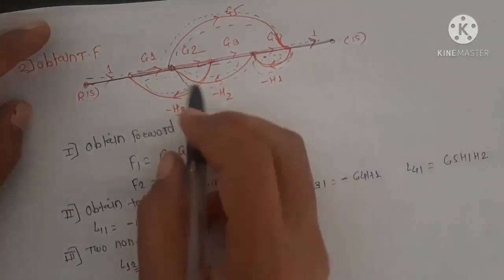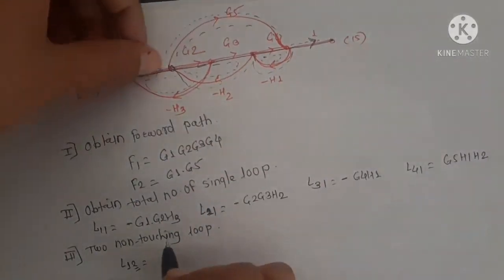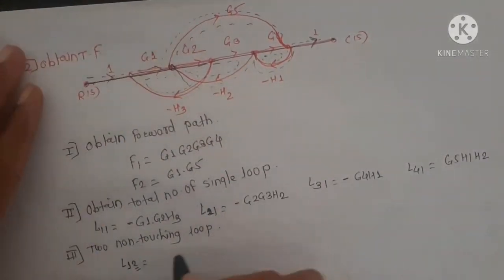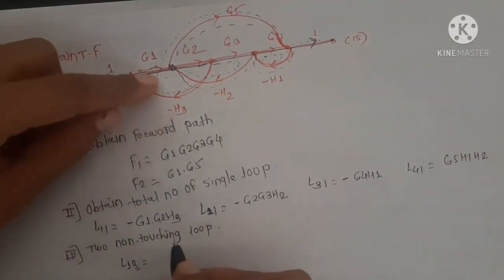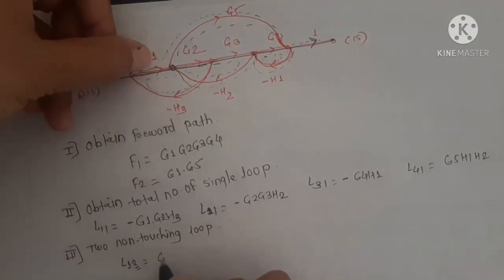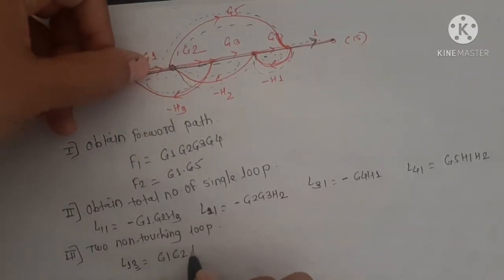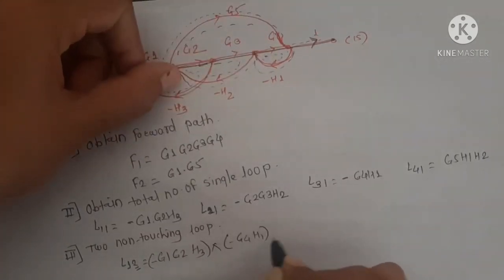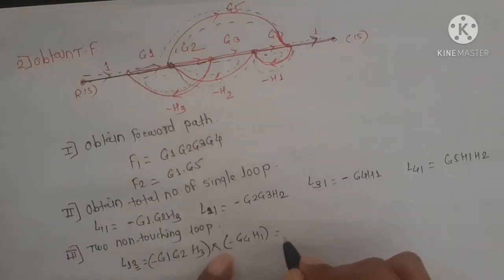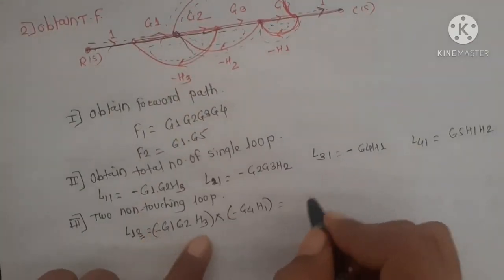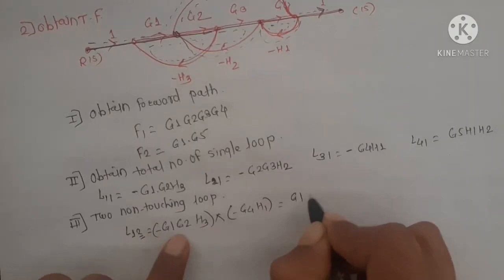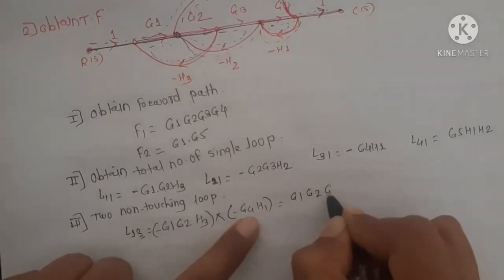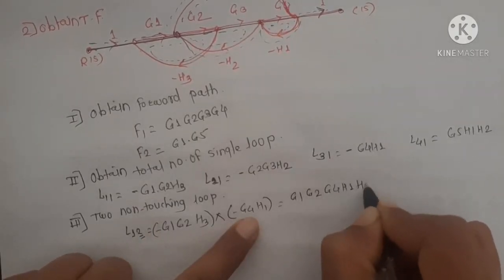So these are the two non-touching loops. Take the product of the gains of those two loops. The first loop is G1, G2 and H3 with a minus sign, so minus G1, G2, H3, and next is minus G4, H1. The two minus signs will become positive. So the total is G1, G2, G4, H1 and H3.